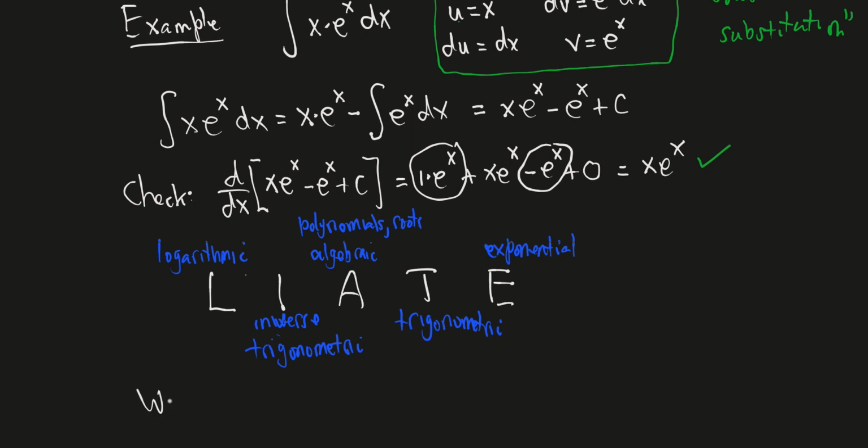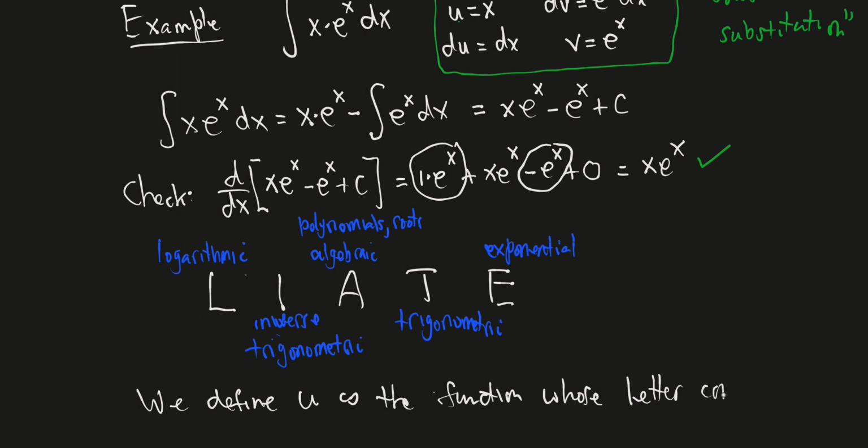We define u as the function type whose letter comes first in LIATE, reading from left to right.